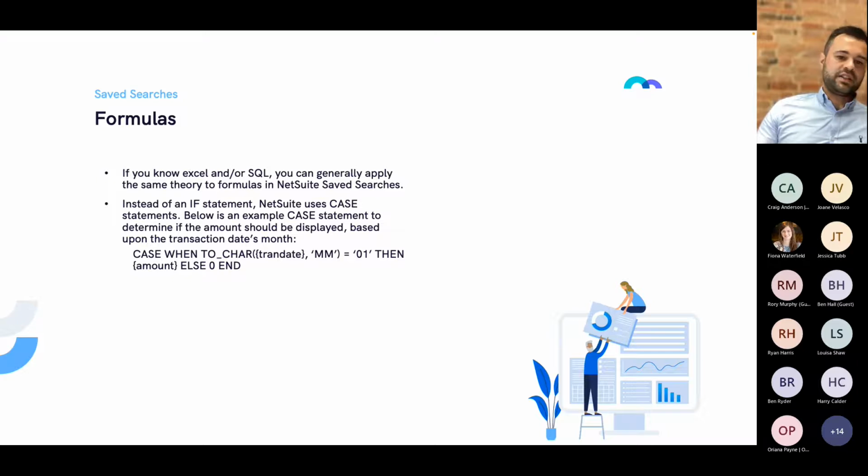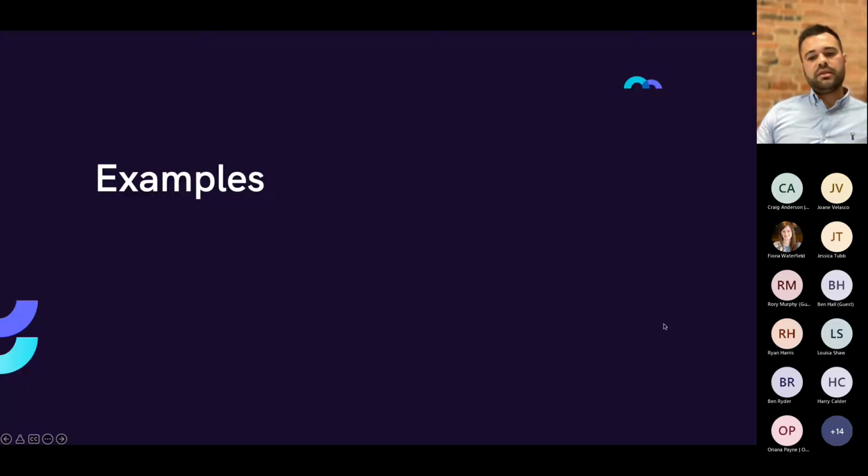But if you've got access to Sandbox and you have some free time, it's always a good thing to have a play around and see what you can come up with. Before we move on to the examples, has anybody got any questions on what we've gone through so far?